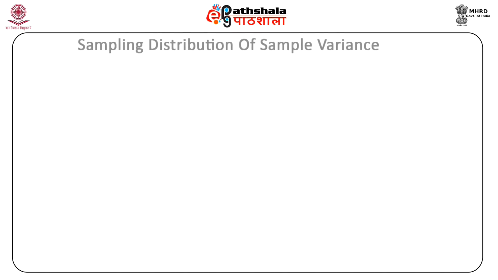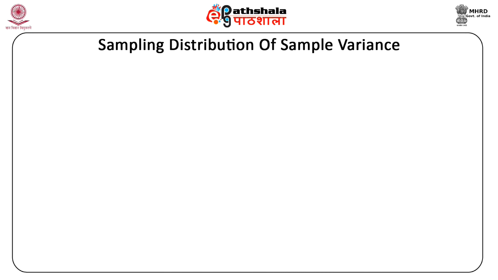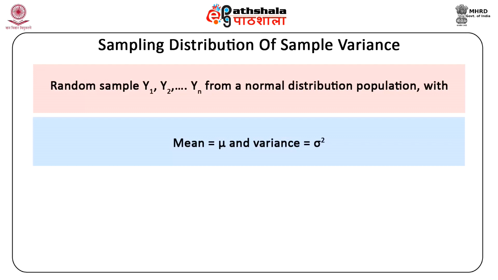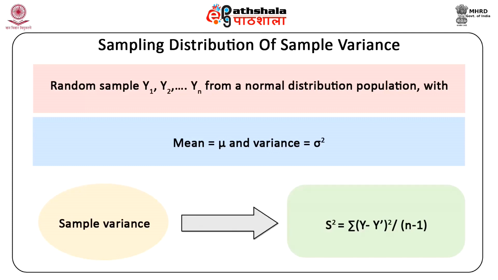Moving on to the sampling distribution of sample variance. The chi-square distribution is used to explain the sampling distribution of sample variance. Taking a random sample y1, y2 up to yn from a normally distributed population with mean mu and variance sigma square provides the following sample variance: S square is equal to sigma of y minus y prime whole square upon n minus 1.